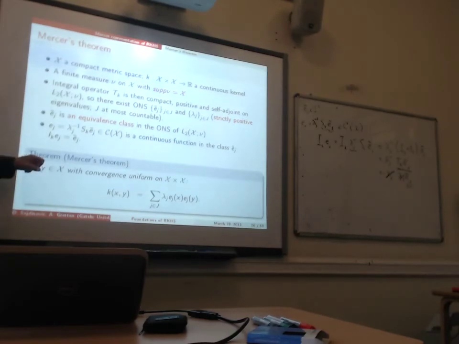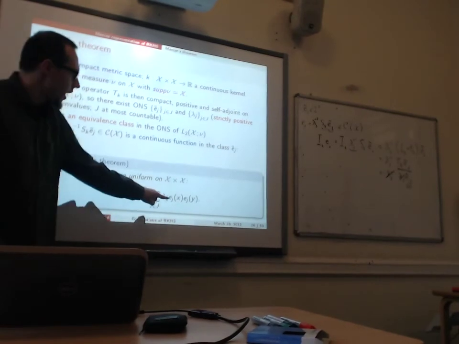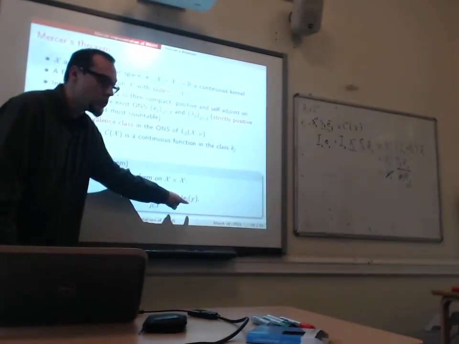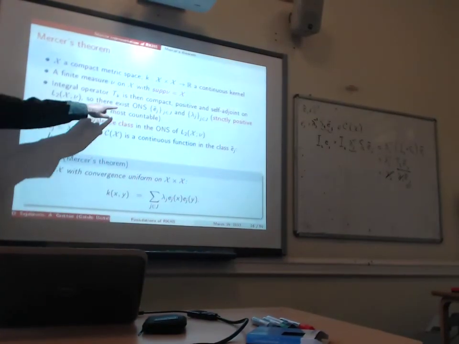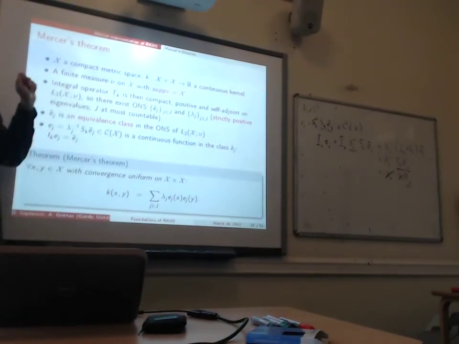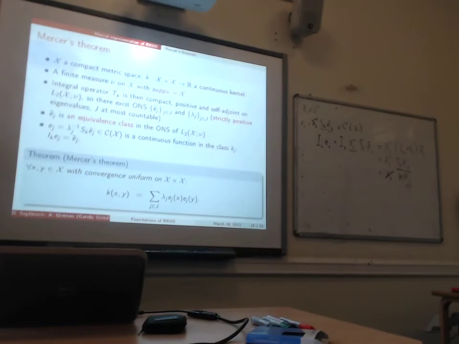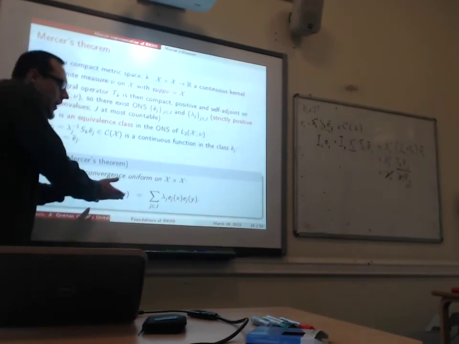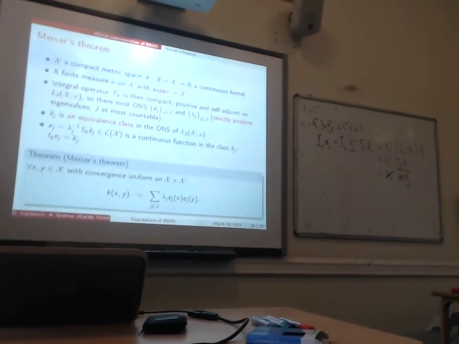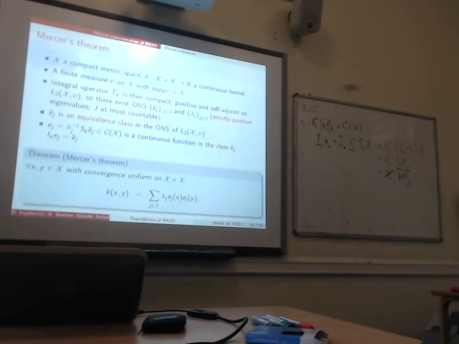It is exactly expanded in terms of evaluations of a bunch of continuous functions, Ej, that arise from the orthonormal basis in L2. So it happens that if I start with a kernel function that satisfies all those assumptions, I can write it in this form. Okay, and we'll see why that is useful.